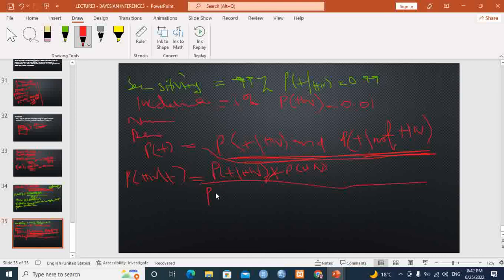Now at the bottom we are going to have probability of positive given HIV times probability of HIV, from the law of total probability, plus probability of positive but not HIV, you can be told you are positive but you are not having HIV, times probability of not HIV. Now we almost have everything for our calculation.